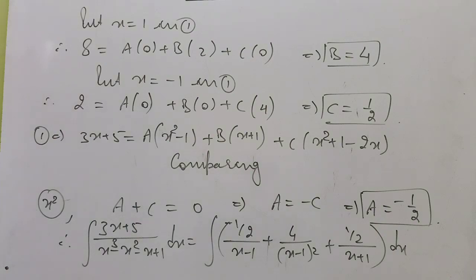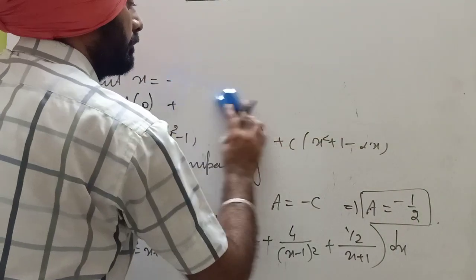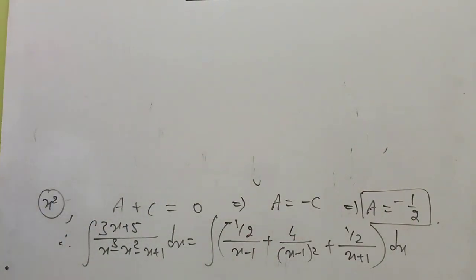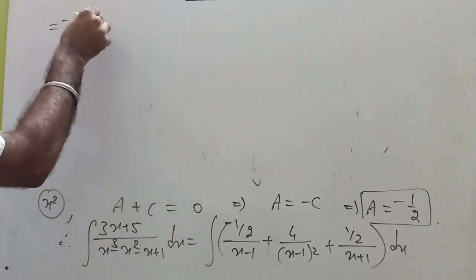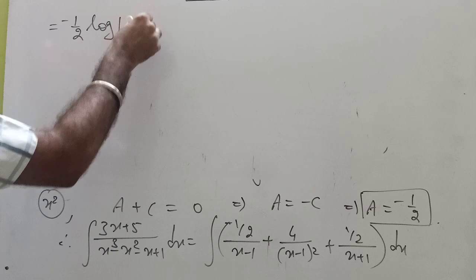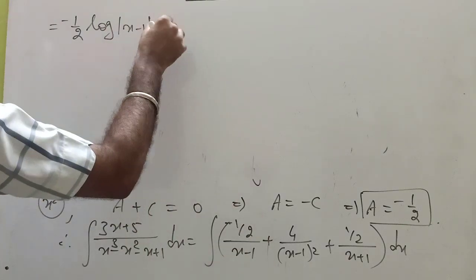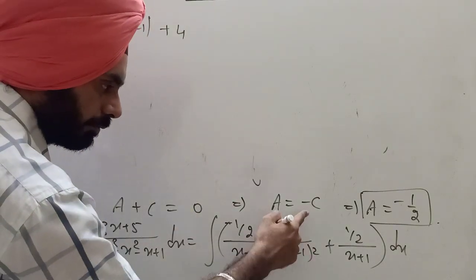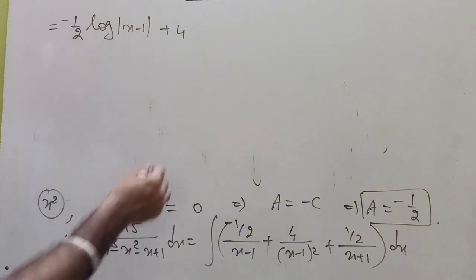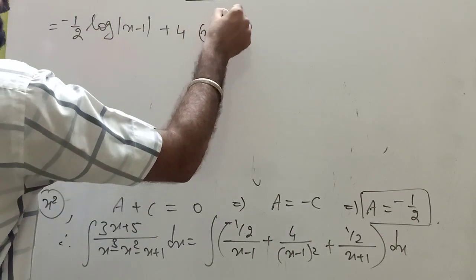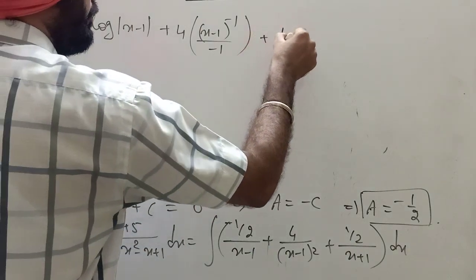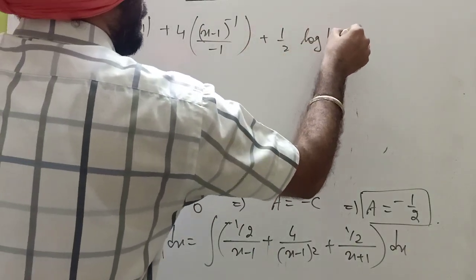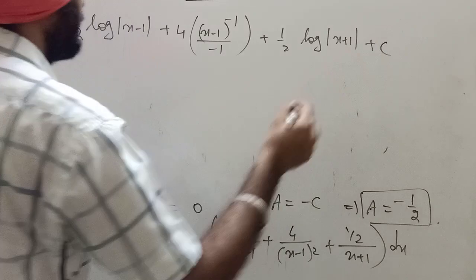Now integrating. So first integral is constant minus 1 by 2, it is log mod x minus 1. Second is plus 4. Apply power rule by shifting the term in the numerator: x minus 1 raised to power minus 1 divided by minus 1, plus 1 by 2 log mod x plus 1, plus c.